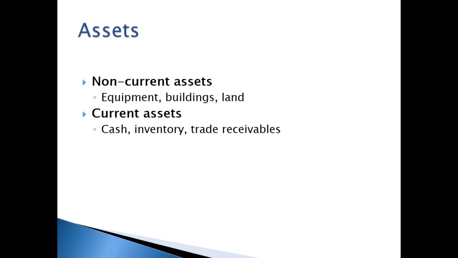So we've got cash, short-term investments, inventory, also known as stock, trade receivables or trade debtors, which is customers who have not yet paid for goods or services. The non-cash current assets will normally be converted to cash within a year.